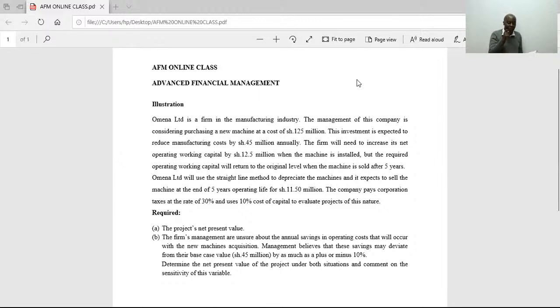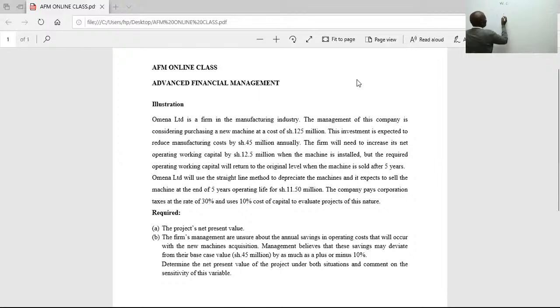Of importance here, the very first thing that has to be looked into, ladies and gentlemen, number one, is the issue of WC changes. Working capital being introduced at the beginning of the project and the same working capital being released at the end of the project.